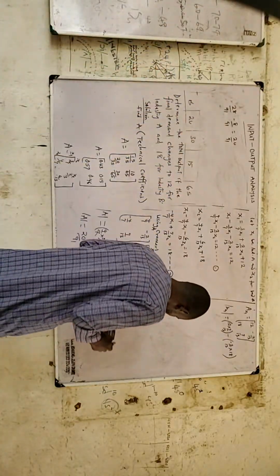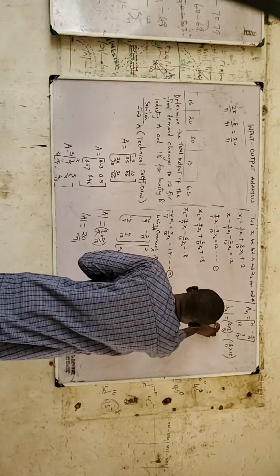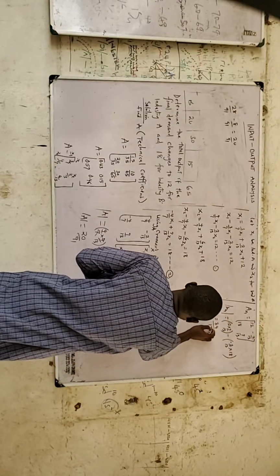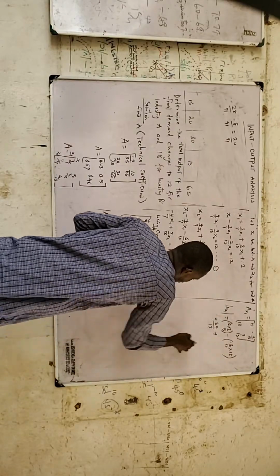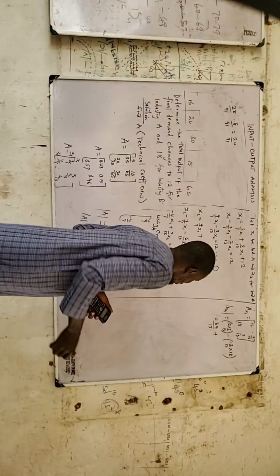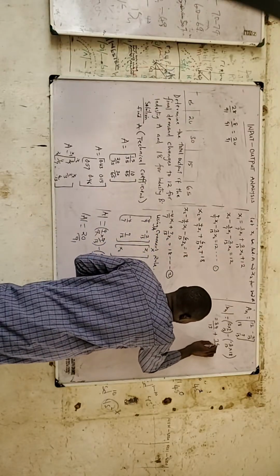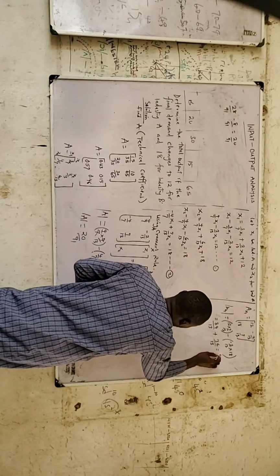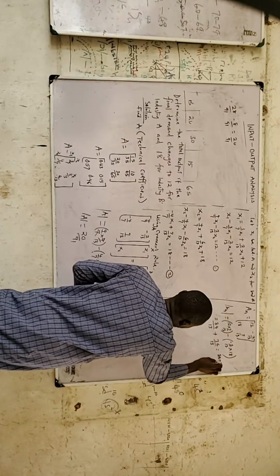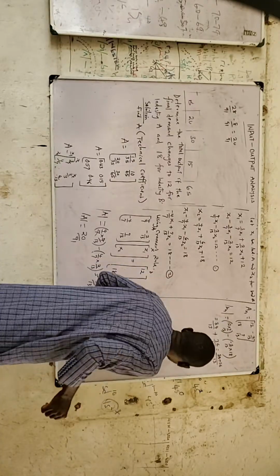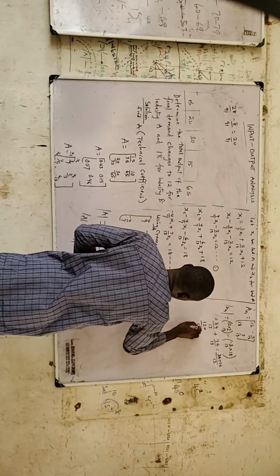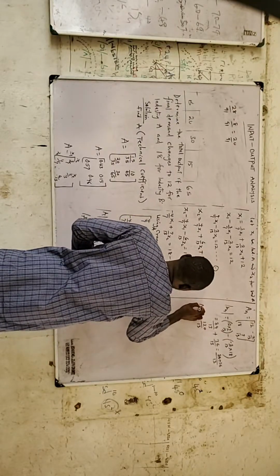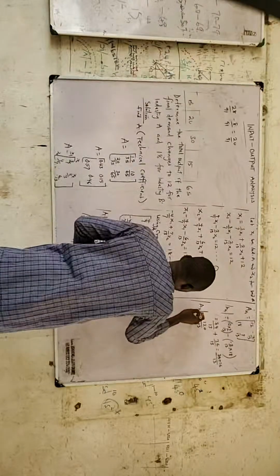Minus 36 over 13, which gives us positive 36 over 13. Now you have 84 plus 36 over 13. That is 120 over 13. 120 over 13 is the determinant of AX1.